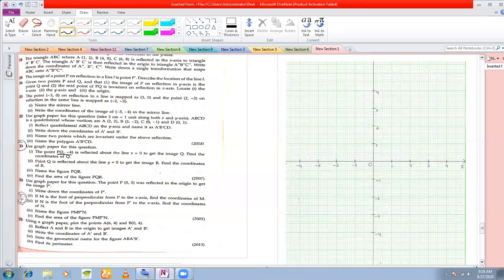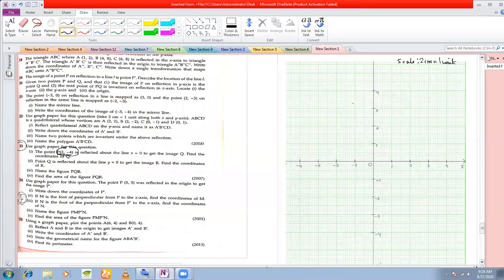Which means that your coordinates are not exceeding 2 and 4, so they will be well within your reach if you take the scale 2 centimeter equal to 1 unit. Otherwise, you can use 1 centimeter equal to 1 unit also.